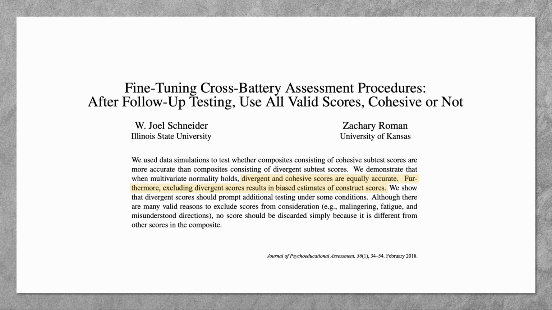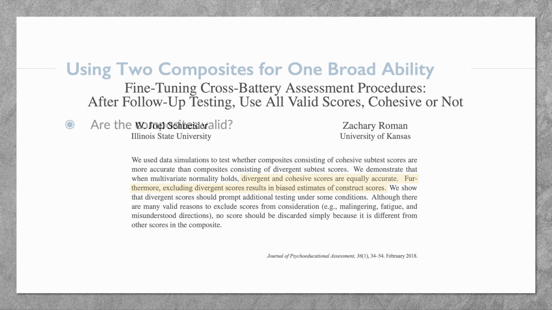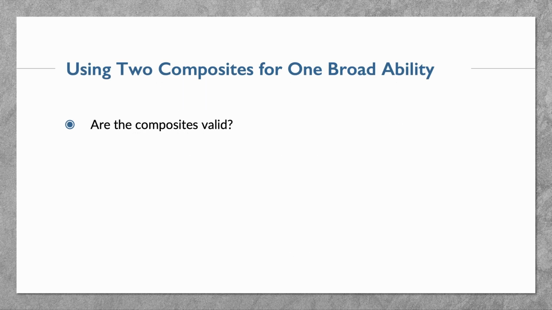But if a single composite containing the divergent scores is valid, and if removing divergent scores from a composite makes it less valid, doesn't that mean you're substituting 2 invalid composites for 1 valid one? If your composites are less valid, how can they be more meaningful?